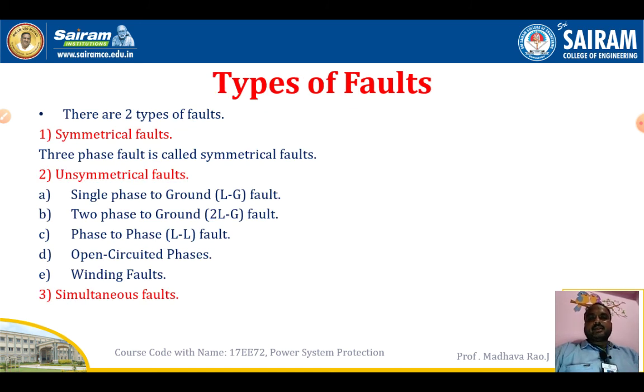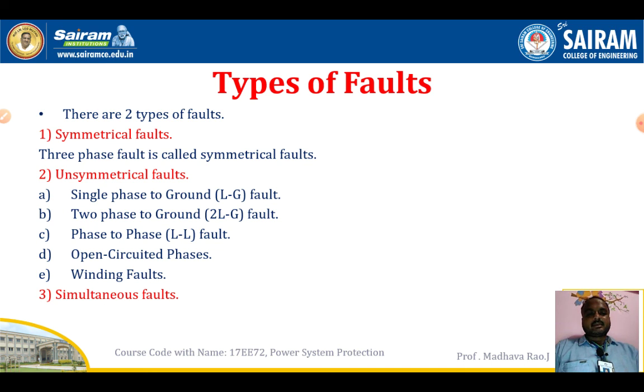To avoid these faults, we need to use protective devices. Next, coming to the types of faults, there are two major types of faults: symmetrical faults and unsymmetrical faults. Symmetrical faults means the three-phase fault.